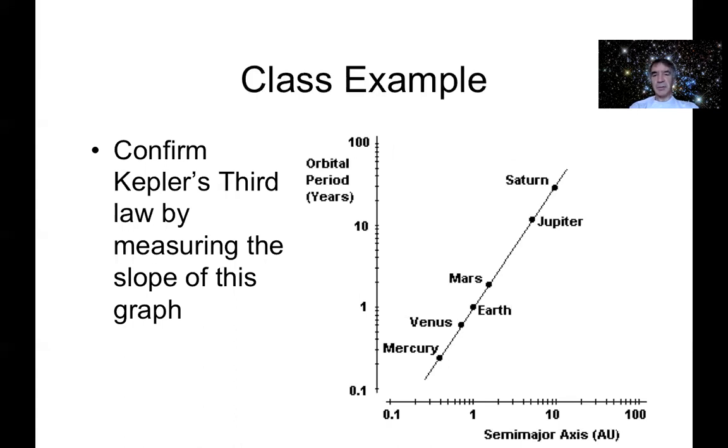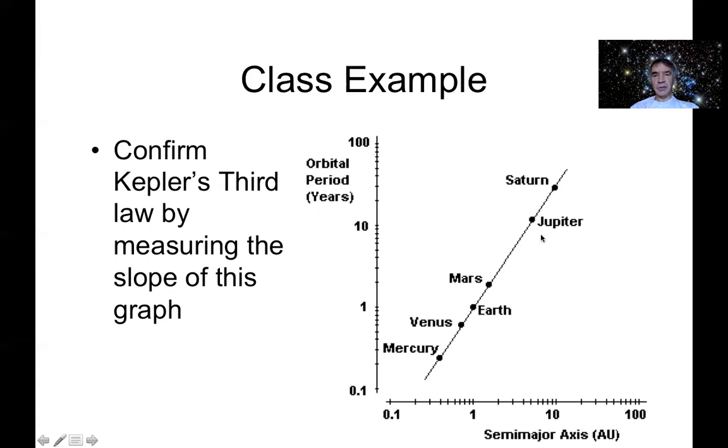You can probably tell I'm quite keen on getting to grips with data. So here is the kind of information that Kepler gathered. You can plot the orbital period of the main planets in our solar system against their semi-major axes, and this is on a log-log plot.